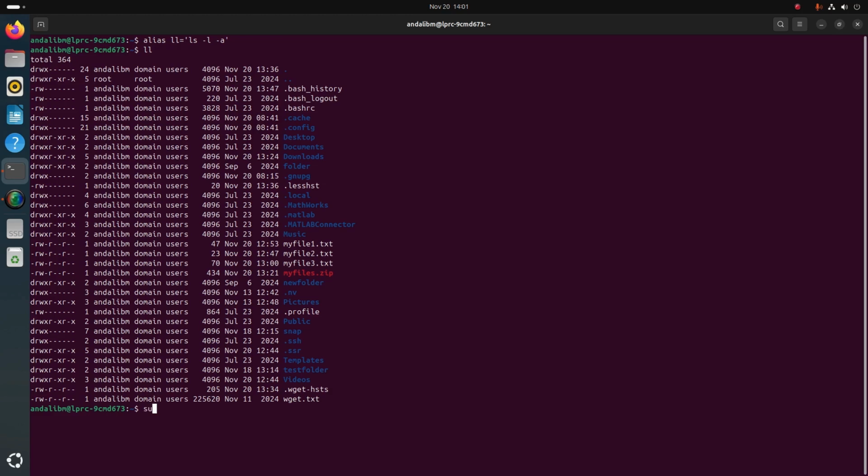For instance, let's say you have sudo apt get update and then sudo apt get upgrade, right? So I can combine commands with double and, so this one does two commands at the same time.